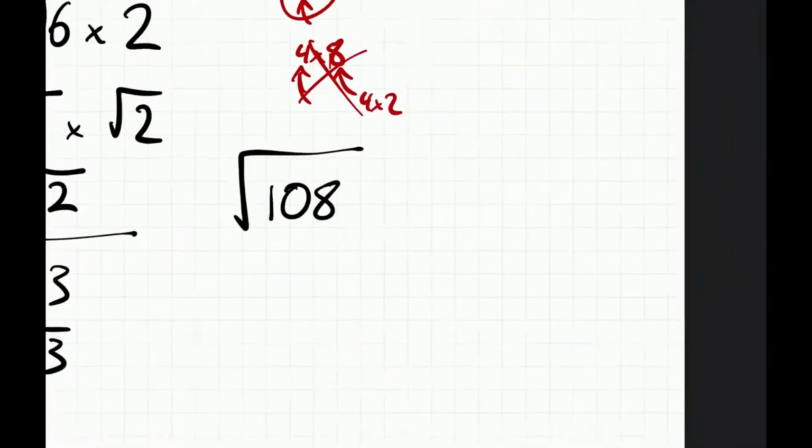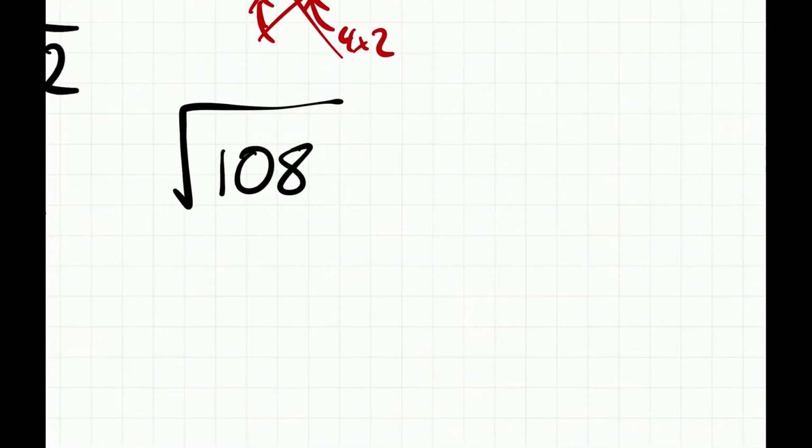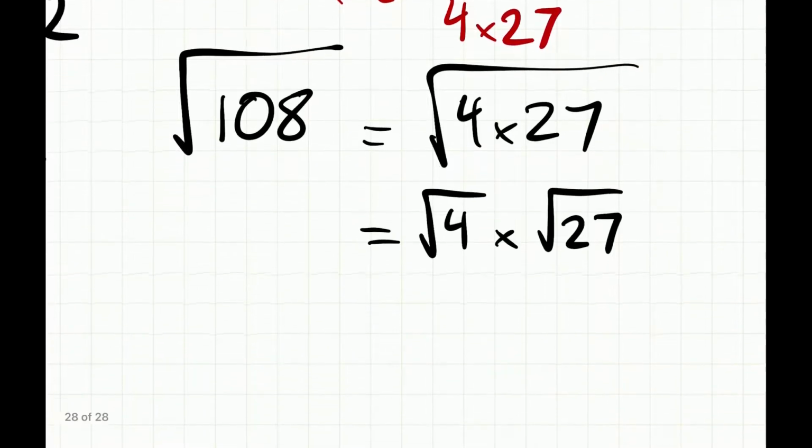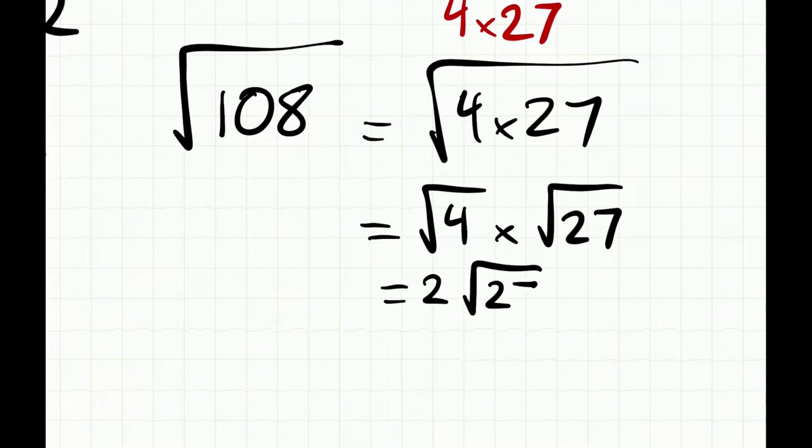In terms of numbers that multiply to give 108, we can see straight away that 4 is going to divide into 108. So we'll have 4 times 27. Now let's split that up: we have 4 multiplied by 27. Then we can separate them out, root 4 times root 27, and then we'll have 2 root 27. Now here we need to stop and ask ourselves, can this root 27 be simplified any further?